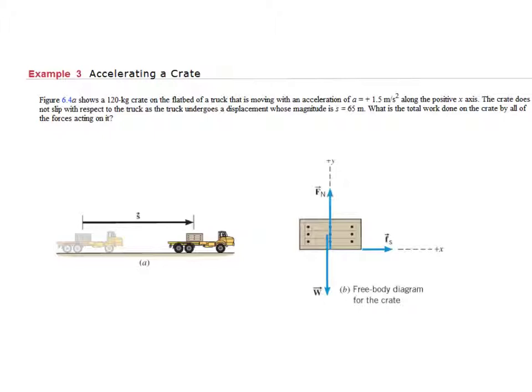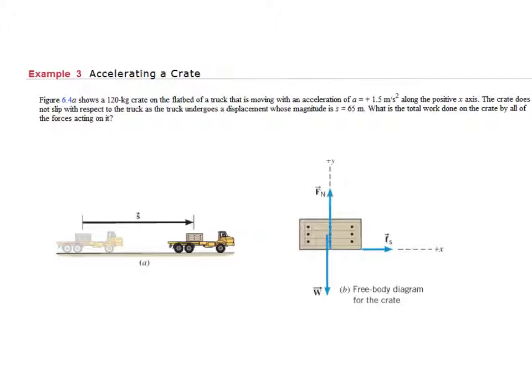So if we want to look at this displacement of 65 meters undergoing an acceleration of 1.5 meters per second squared, what's the total work done on the crate by all of the forces acting on it?